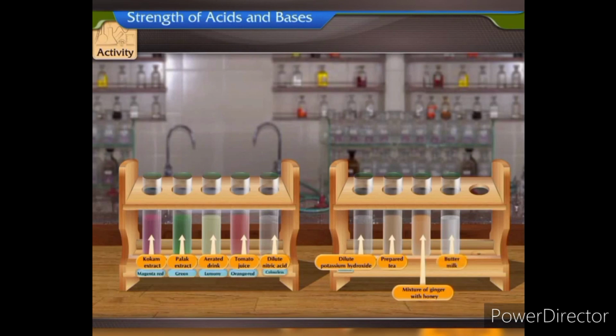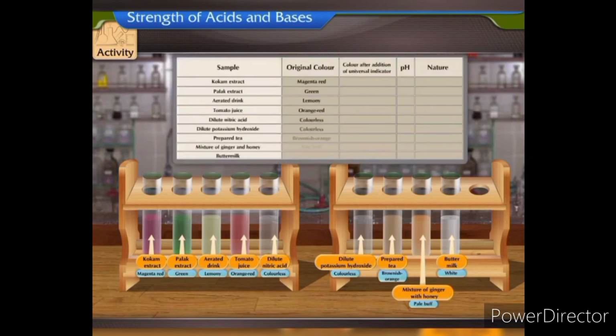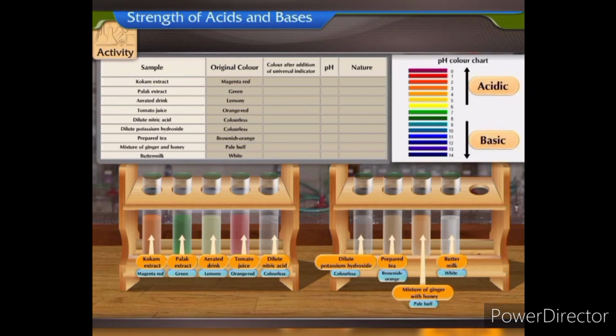Note the color of the solutions before addition of the indicator and enter your observations in your observation table. Add 2 drops of the universal indicator to each of the test tubes and observe the color change. Compare the color change obtained with the pH color chart of the universal indicator and determine the pH of the solution. Enter your observations and results in your observation table.